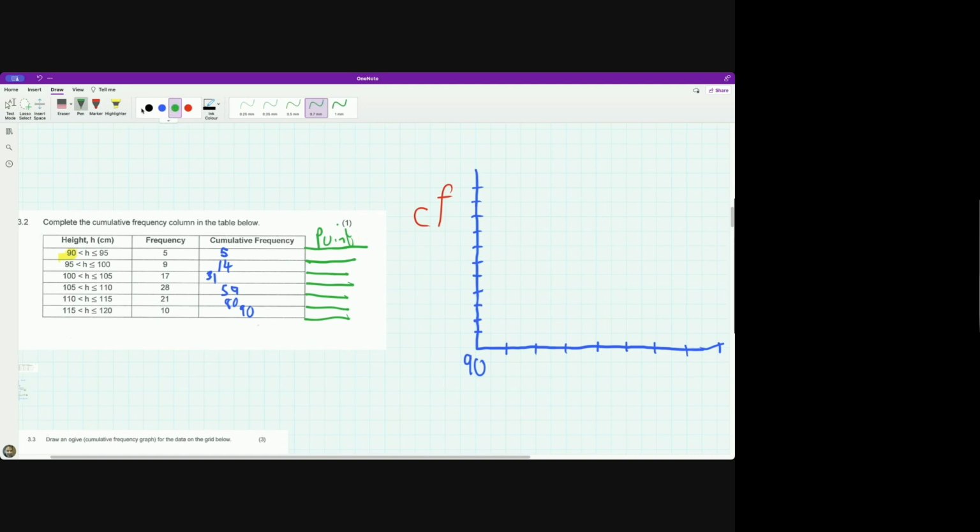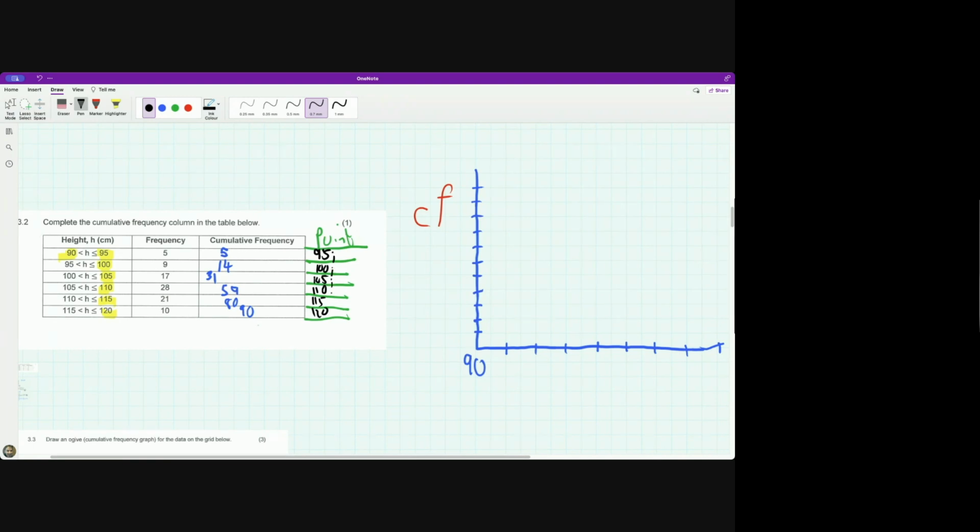The thing that I wanted you to remember is that it's the end point that goes in the x value. Actually, let's use a different color. So it's going to be 95, 100, 105, 110, 115, 120.